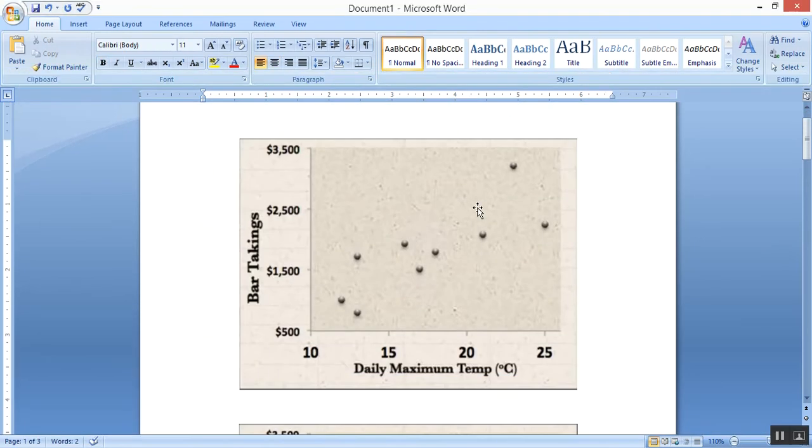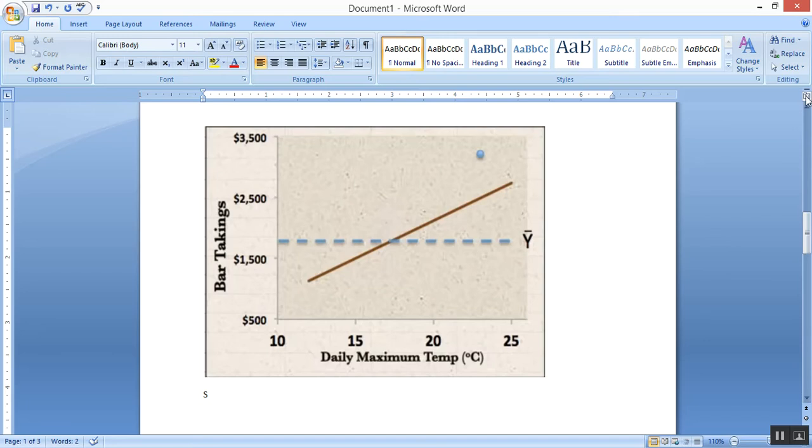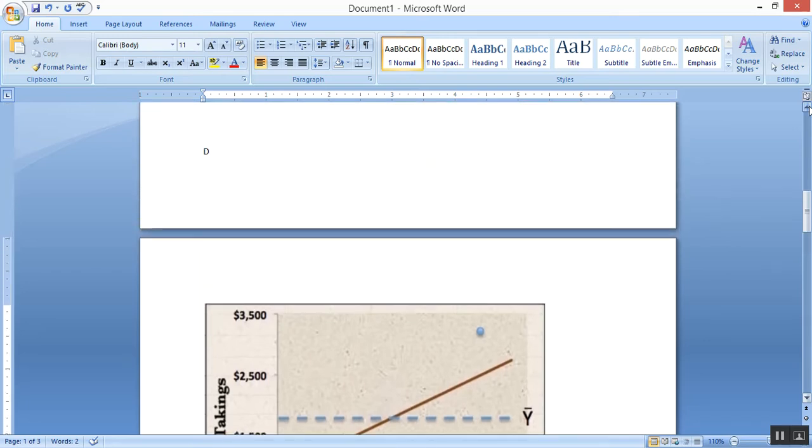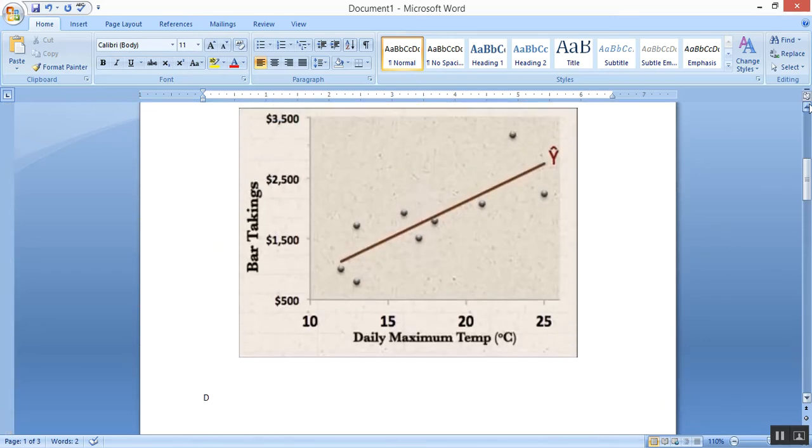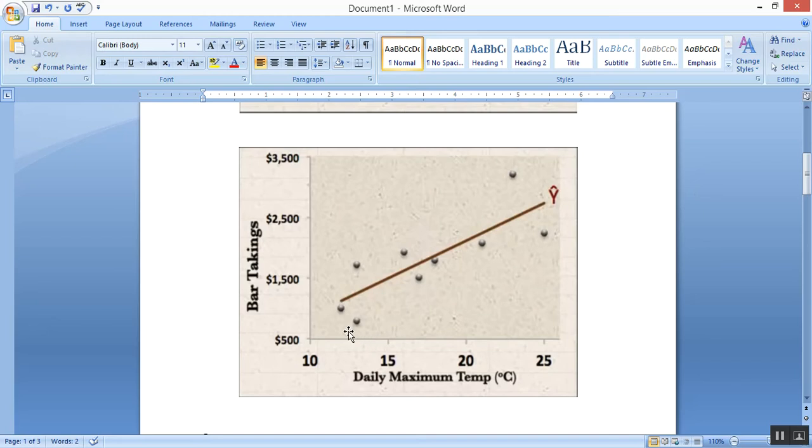So if we jump back to this diagram, for example, what we're going to find when we look at the chart on this page is that this would have a positive sign on its coefficient. This line has a positive slope. It goes from bottom left to top right, indicating, again, a positive relationship. But when you run a regression, this scatter plot is not going to show up.